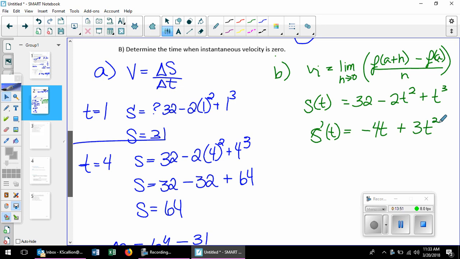Now, does it tell me instantaneous velocity? You have to go back to the question. It said, tell me the time when instantaneous velocity is 0. So the next step is like a question from your problem set: find the equation of the horizontal line, when you know the slope of the horizontal line is 0.